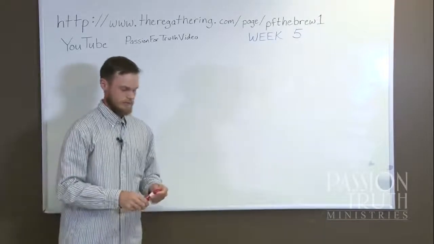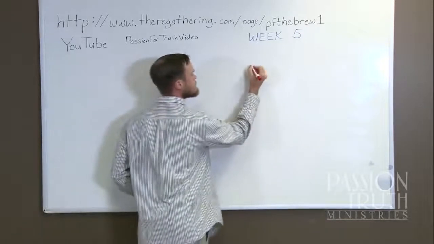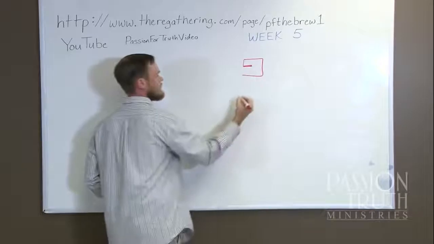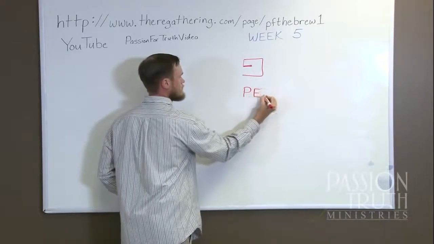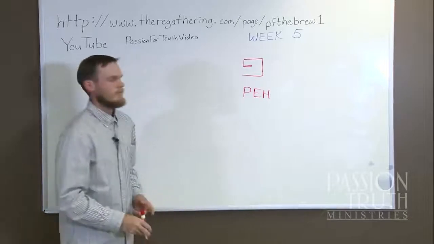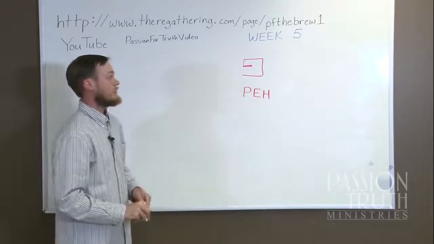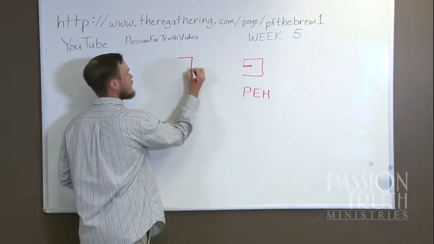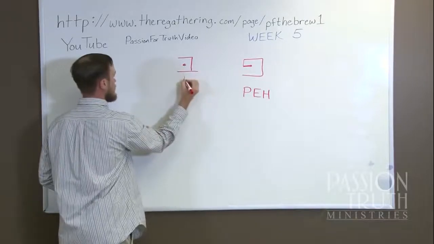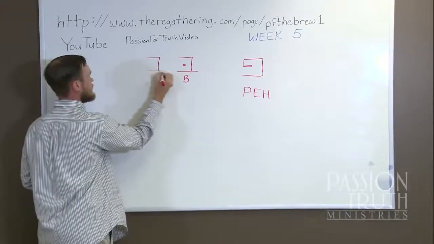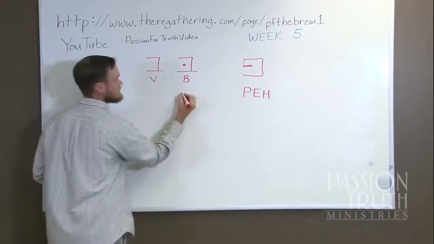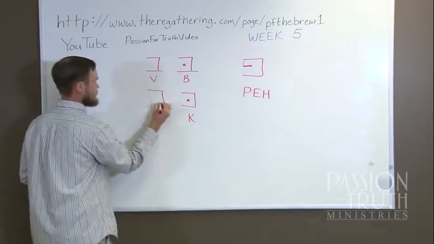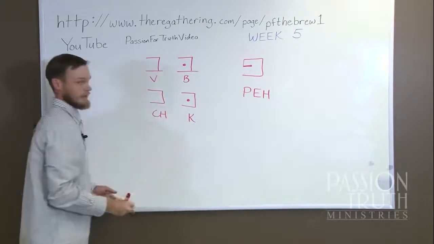Our next letter is the pei. Now the pei makes two different sounds. Remember, the beit with a dagesh is a B, and without a dagesh is a V. Also the kaf with a dagesh is a K. Without the dagesh is the ch, just like the chet.